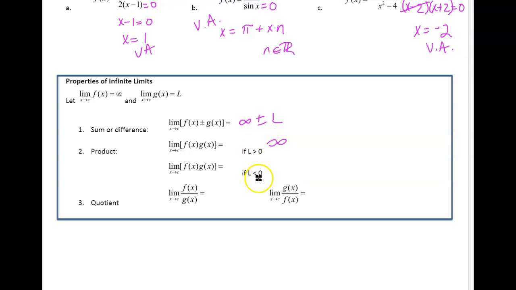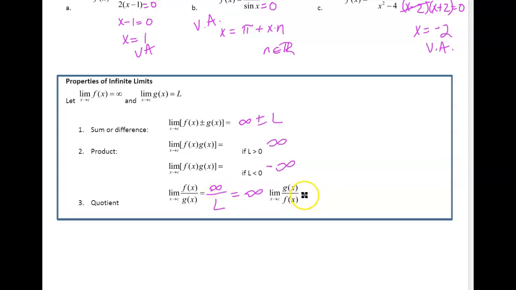If our limit is negative, then we're going to end up with negative infinity. Our quotient, I'd have infinity over our limit, which is infinity over any number is going to be infinity, like infinity over 5.